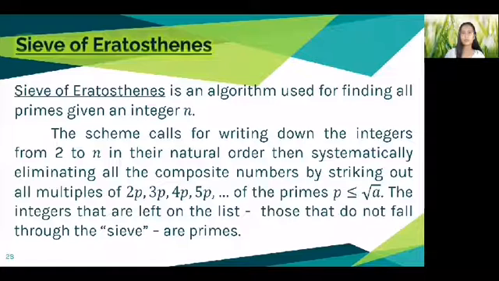The scheme calls for writing down the integers from 2 to n in their natural order, then systematically eliminating all the composite numbers by striking out all multiples 2p, 3p, 4p, and 5p of the primes p less than or equal to the square root of n. The integers that are left on the list, those that do not fall through the sieve, are primes.